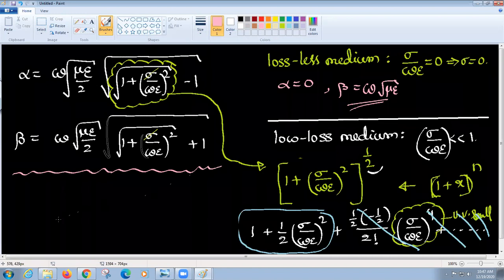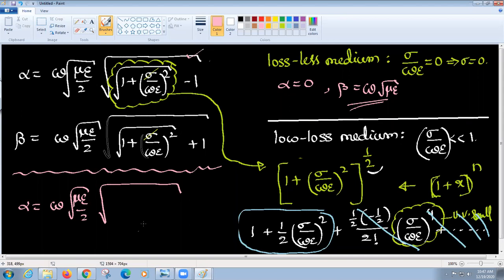So alpha is equal to omega square root of mu epsilon by 2, and now this square root is this. And this internal square root became 1 plus half of sigma by omega epsilon whole square, and this is, of course, minus 1. So what happened to this? It is gone.